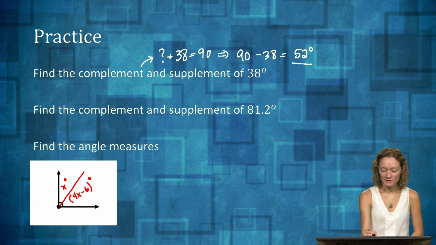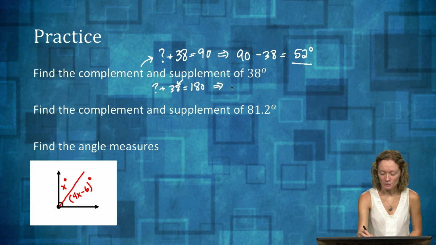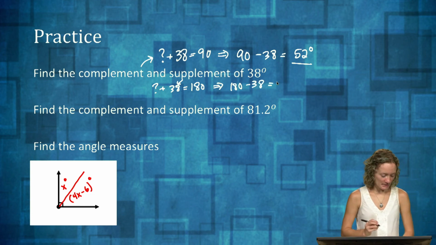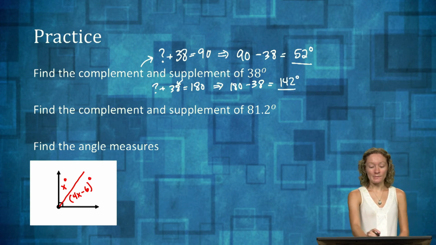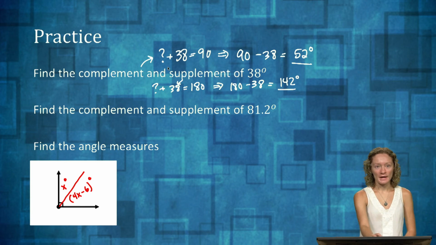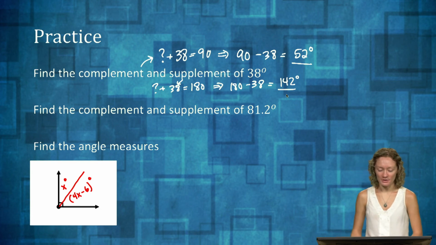Do the same thing with supplement. It's going to be something plus 38 to give you 180, which means 180 minus 38 gives us our supplement, which is 142 degrees. Now, I'm not asking you to ever write this line. If work needs to be shown, it's helpful to see how you got there.